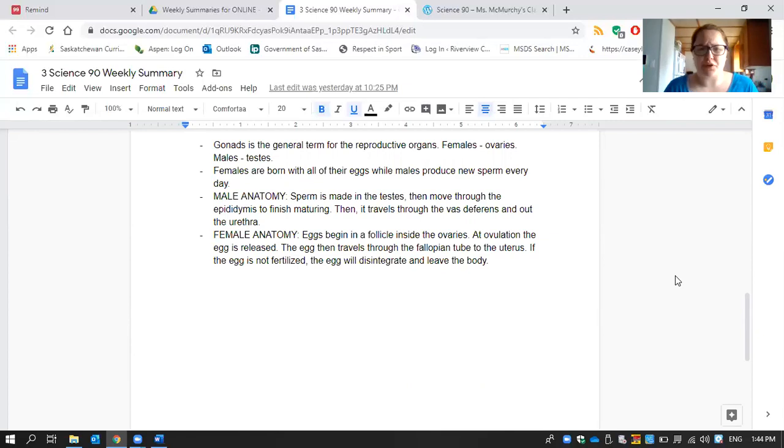And so this is different for females. For females, the eggs begin in the follicle inside of those ovaries. The follicle is kind of like a sac that protects the ovaries and allows the eggs to develop and nurtures them. Then at ovulation, the egg is released. The follicle basically ruptures, and then the egg is released, and it travels through your fallopian tubes towards the uterus.